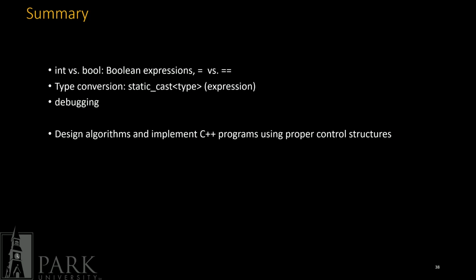We talked about type conversions using the explicit type static cast operator, where the type is in the angle brackets. We also talked about implicit casting, which you can do when you're going from a narrow type to a wider type. So you can go from Boolean to an int, but you can't implicitly go from an int to a Boolean because of loss of precision.